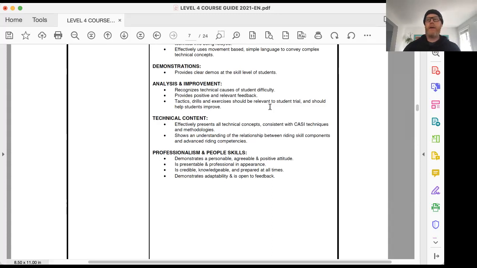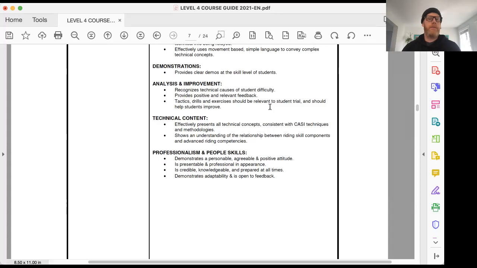So often we get asked what sections of the reference guide should I study for the level 4? And really the answer is the whole reference guide. You should know the whole reference guide. The general rule of thumb for these lessons is if it's not present in our manual, in our reference guide, it's probably not a good idea to introduce in these lessons.